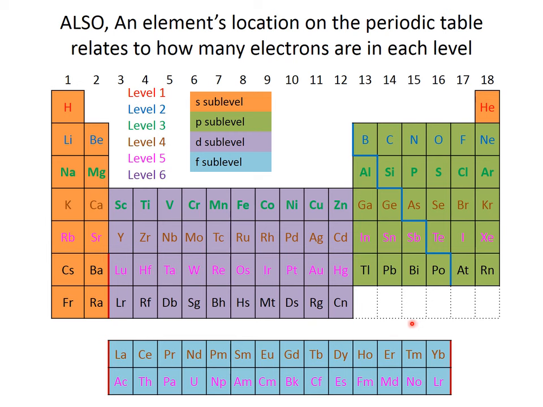But notice that the periods of the periodic table, period 1, period 2, period 3, generally correspond to the level. See, I have level 1 is the reds. This is level 1. This is level 2. Level 3 is mostly in period 3, 1, 2, 3, 4, 5, 6, 7, 8.